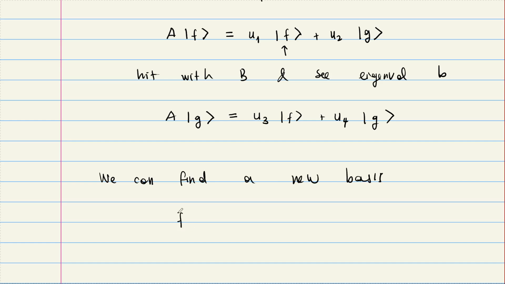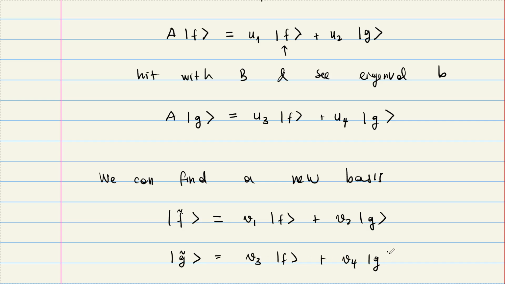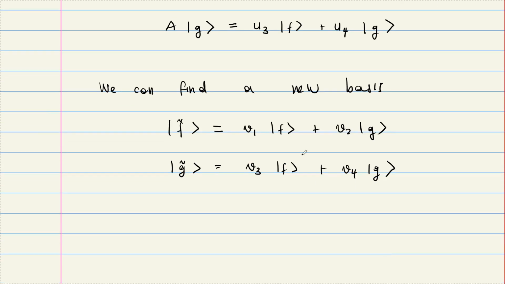So this is F tilde is equal to some V1 F plus V2G and another one G tilde where this is V3F plus V4G, and if I can choose V1, V2, V3, V4 in such a way that this can be an eigenstate of both A and B.